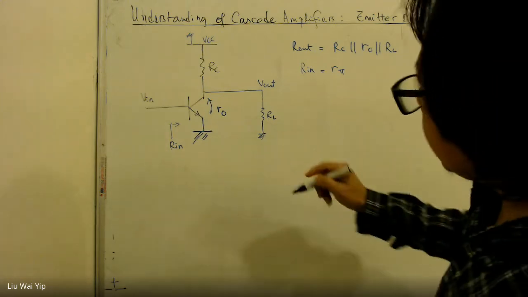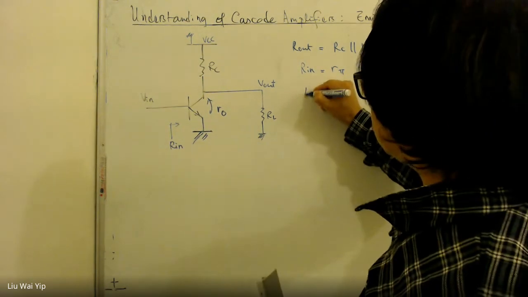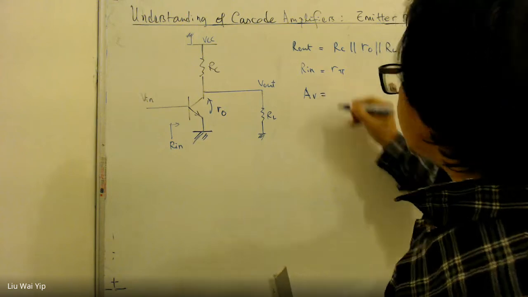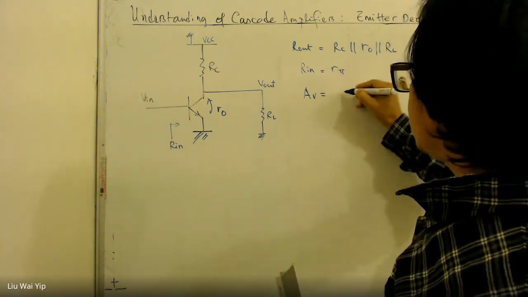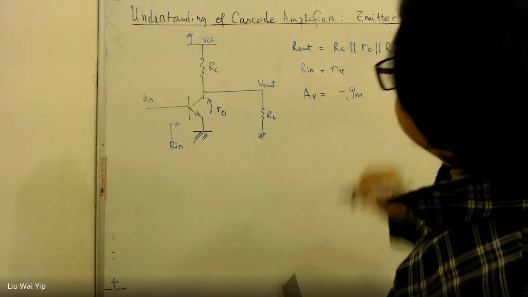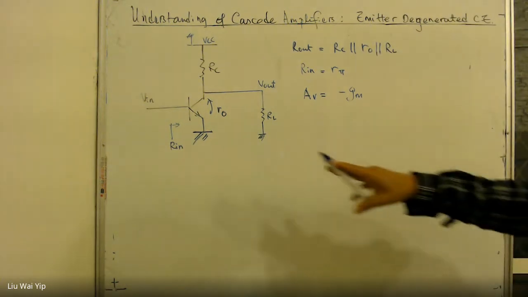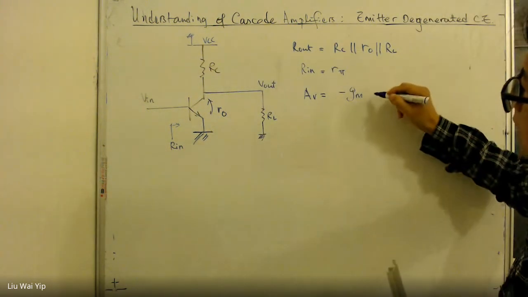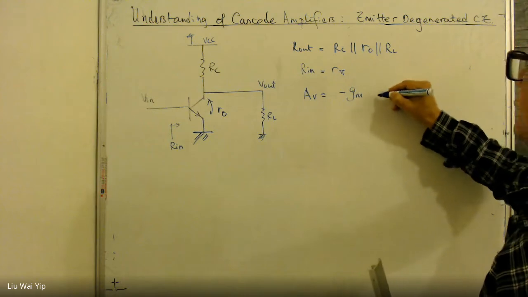The voltage gain is going to be AV equals minus GM times the total output resistance, which is this one here.